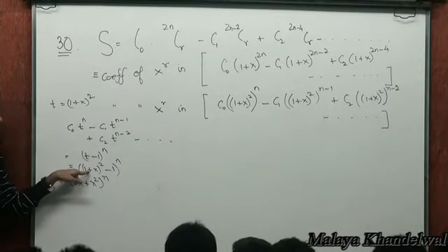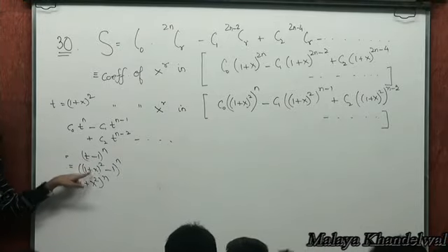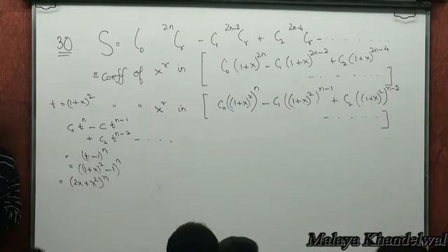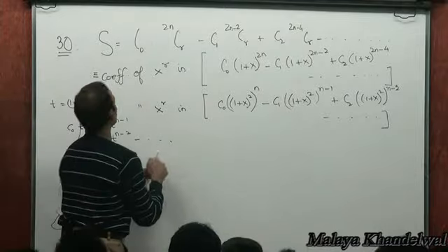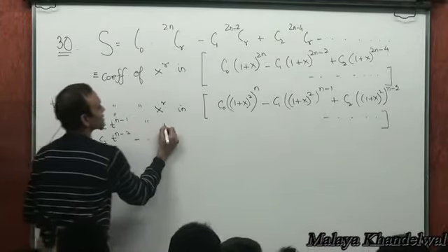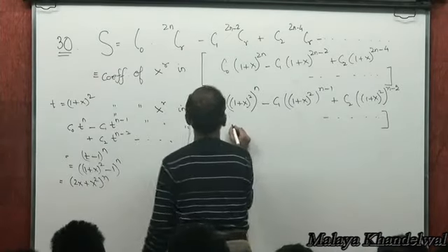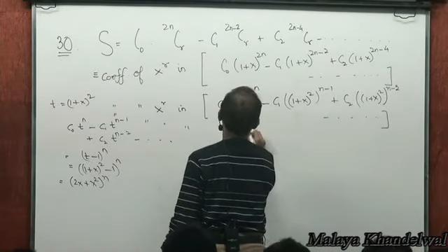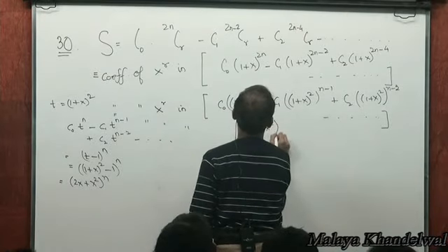I'm expanding this. 1 will get cancelled. (2x plus x square) whole to power n. Right? So this whole thing is like the coefficient of x power r in (2x plus x square) whole to power n.